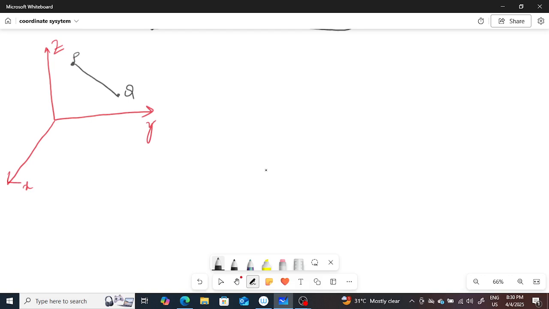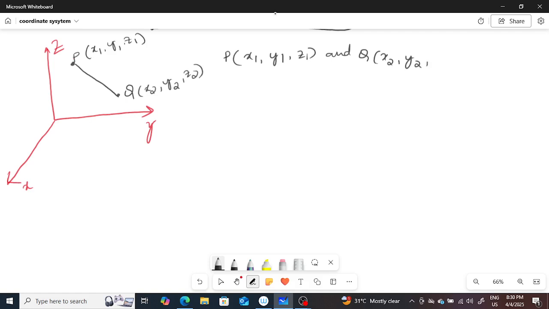This is the distance between the two points. Point P is at x1, y1, z1 and Q is at x2, y2 and z2.